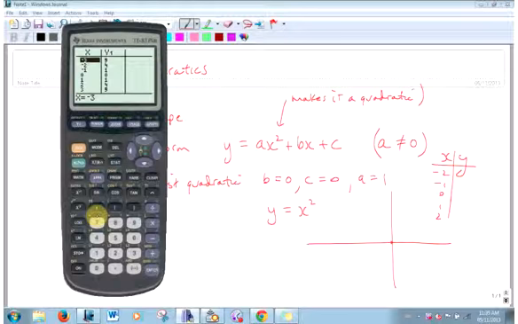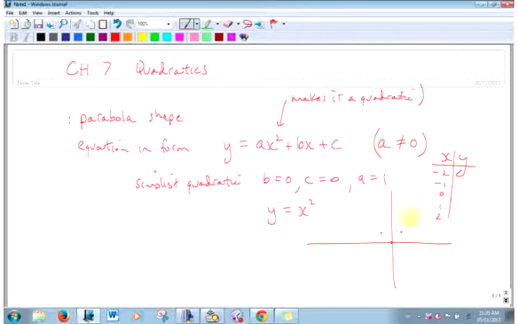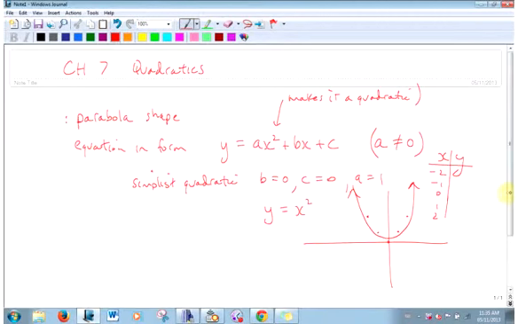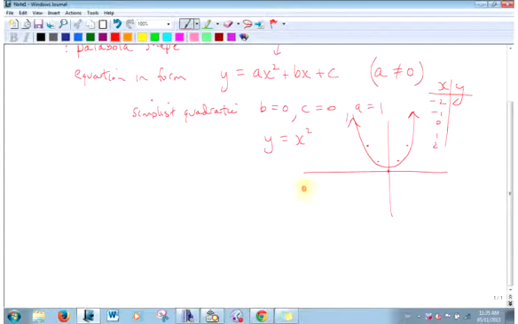There's your plot points. This thing looks like 1 is 1, negative 1 is 1, 2 is 4, negative 2 is 4. And we say the shape of that opens up. Opens up. Does that make sense?